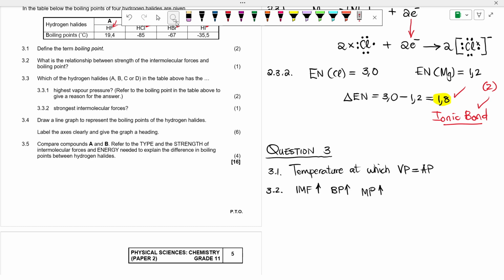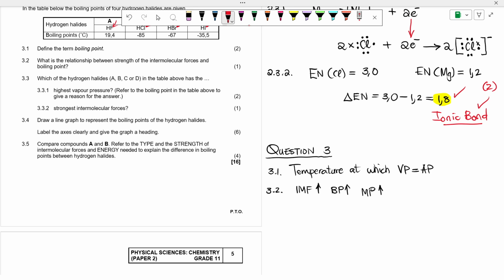Is it high or low for a strong intermolecular force? It's low. Okay, it looks like it's a guess, but it is low. The way I like to think of vapor pressure is how fast or how much vapor do I get.